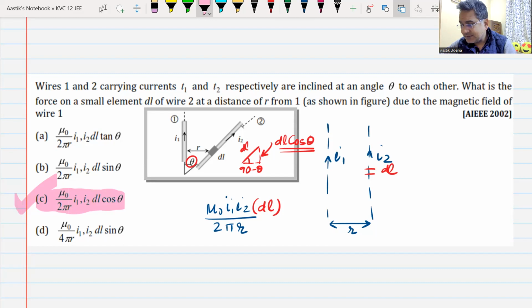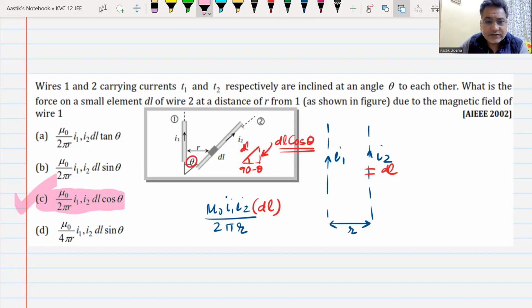Do we understand this? This is the way you have to do any question which comes in this particular category. Do we get this? Everyone understands this?